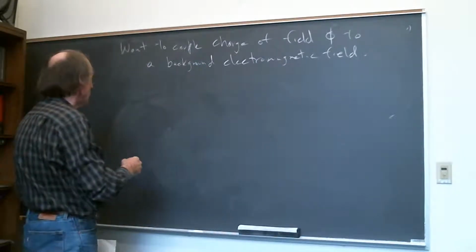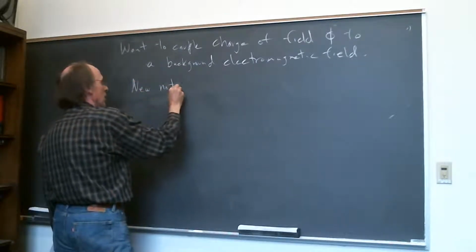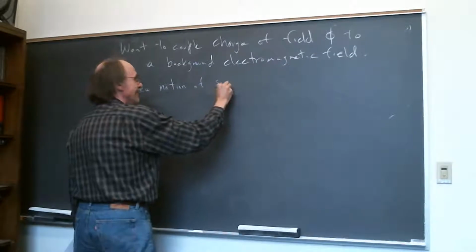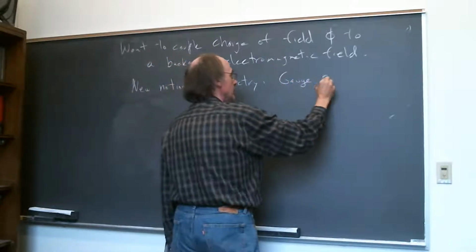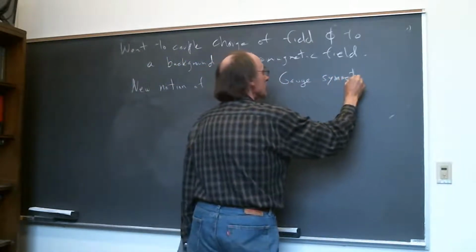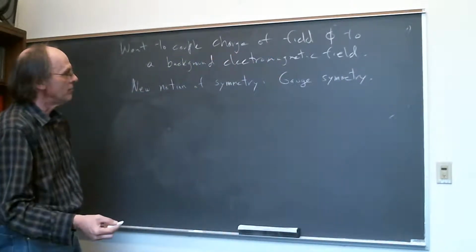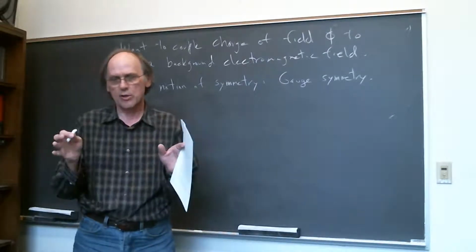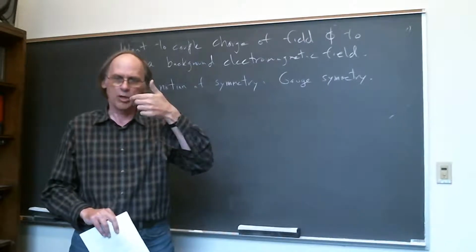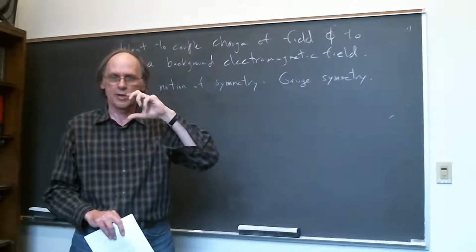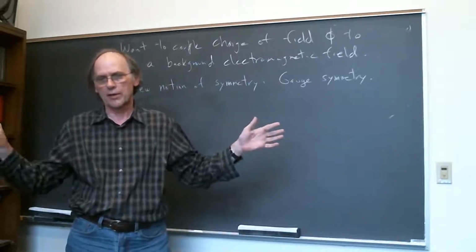using a notion of symmetry. The new notion of symmetry is something we'll call gauge symmetry. The basic idea is that what I've been talking to you about so far was the charge coming from this overall U1 symmetry, a group U1 acting by phase rotations uniformly on the fields everywhere.